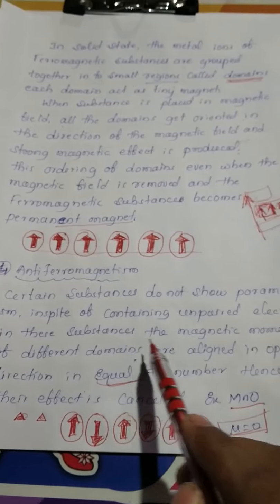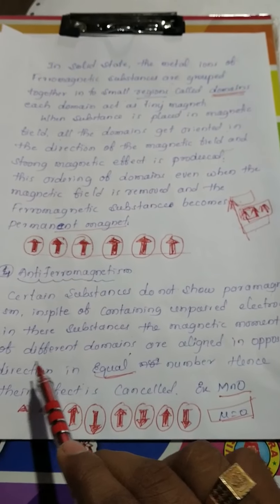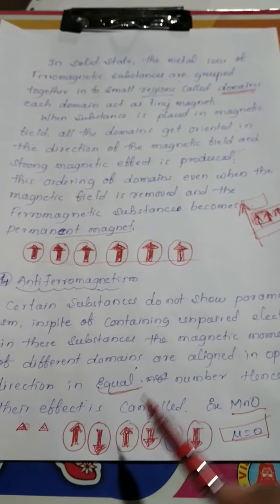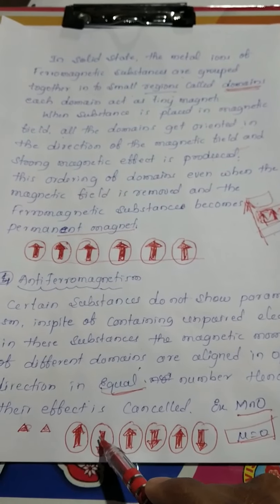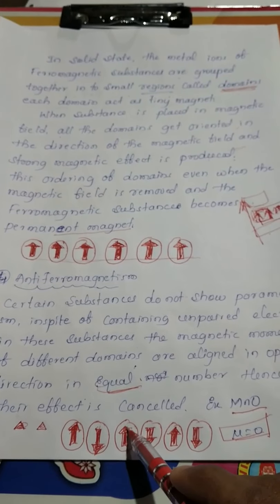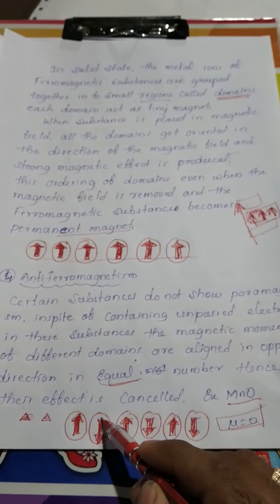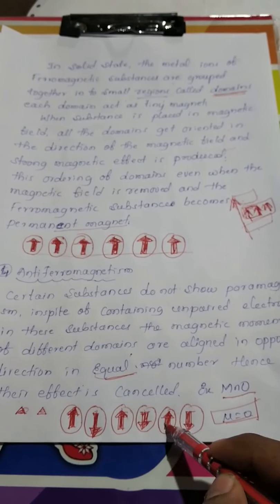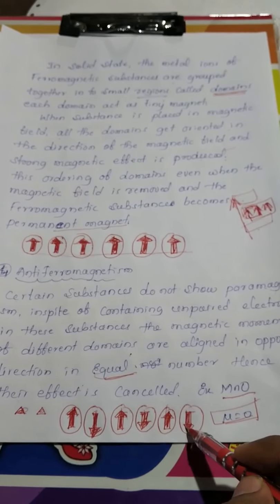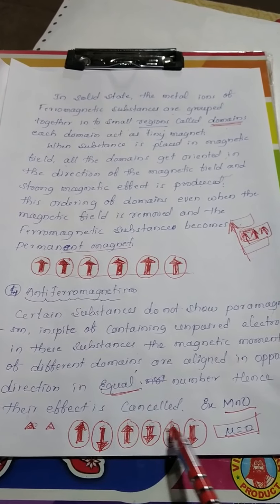In these substances, the magnetic moments of different domains are aligned in opposite directions. See here, it is upward, downward, upward, downward, upward, downward. So the magnetic moments of different domains are aligned in opposite directions in equal number.